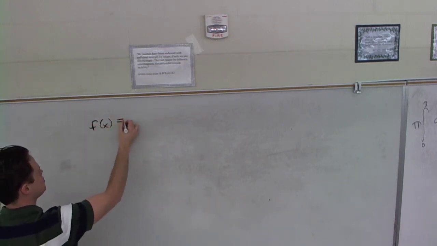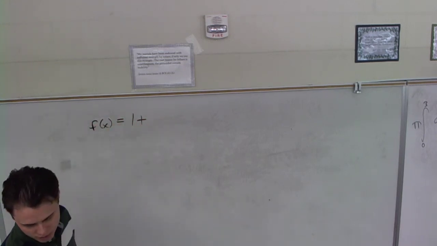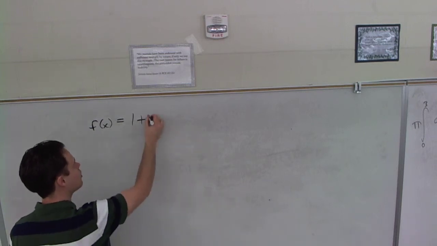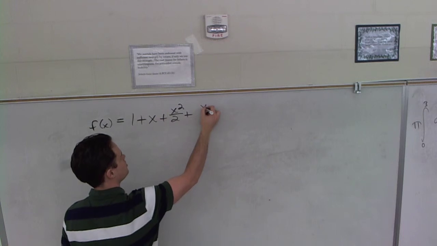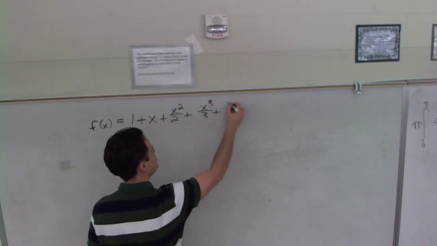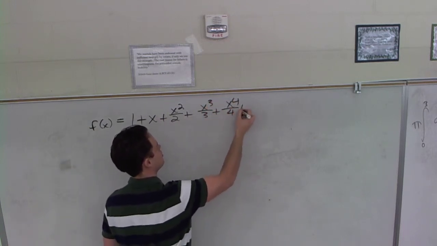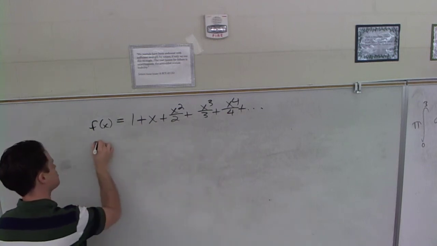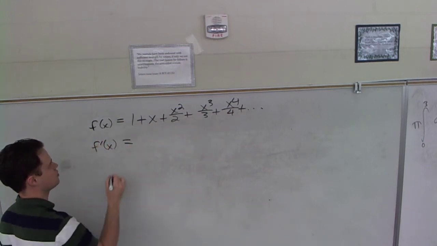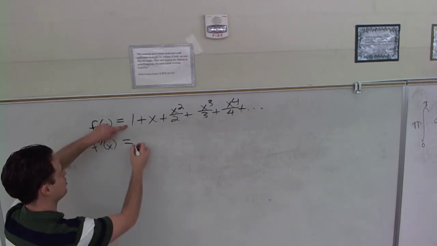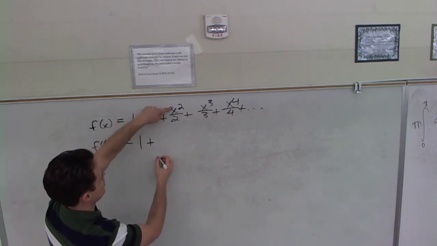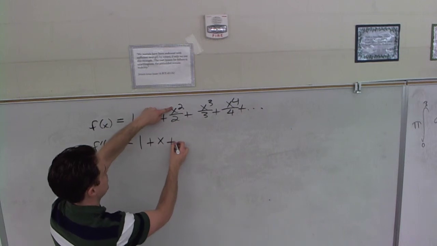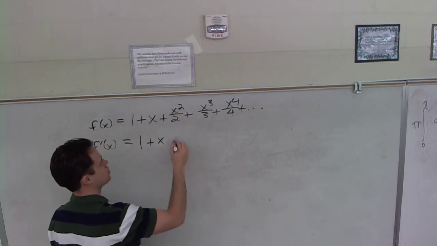So f of x was a power series that came out to be, let's write it in expanded form, 1 plus x plus x squared over 2, is that it? Plus x cubed over 3, this is the one we started out with today. And then we took its derivative, and you can do it term by term. 0, 1 plus x plus, I'll write it out for anyone watching the video.